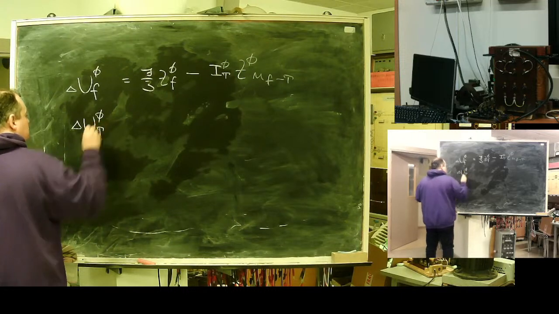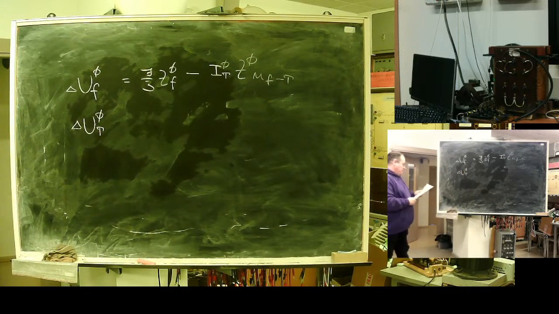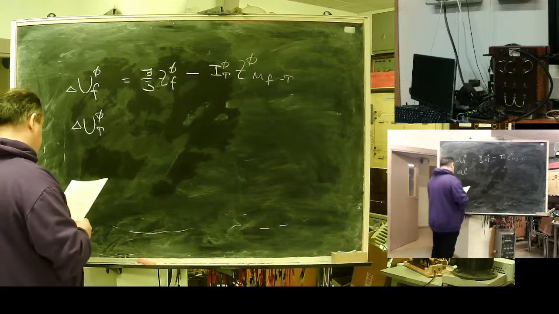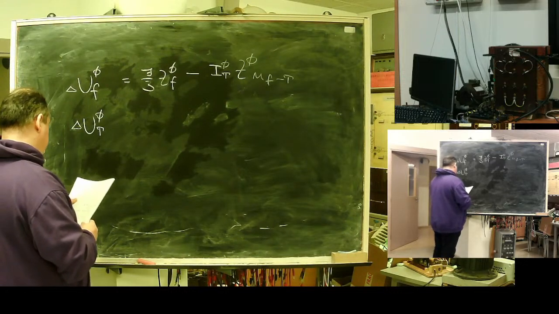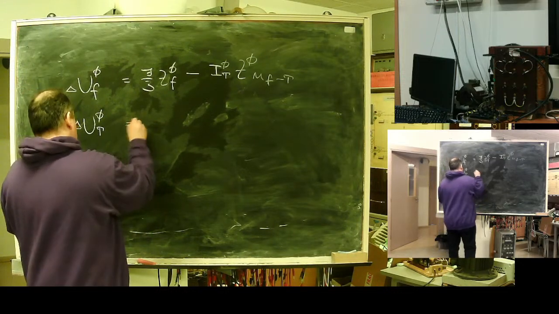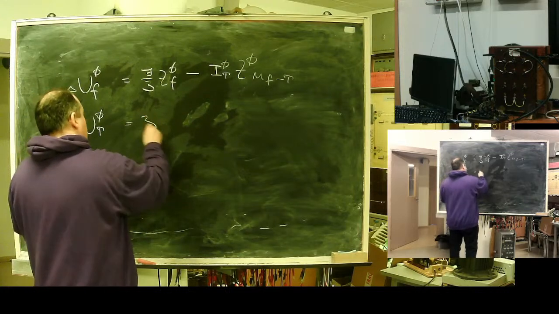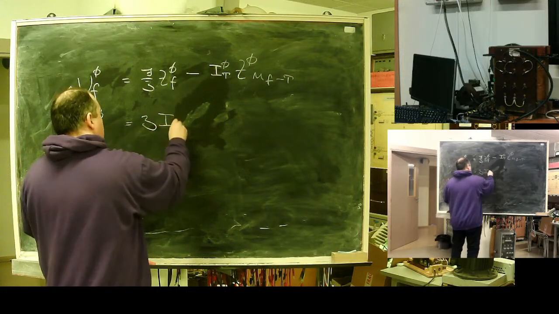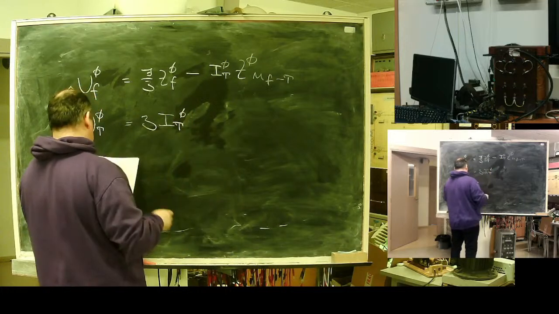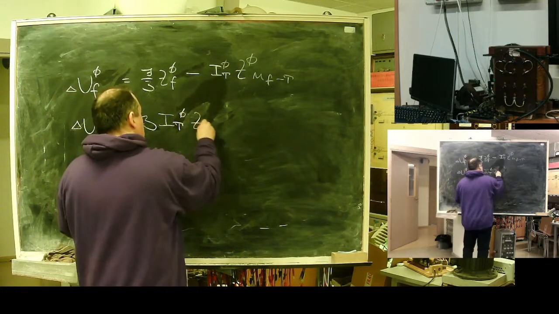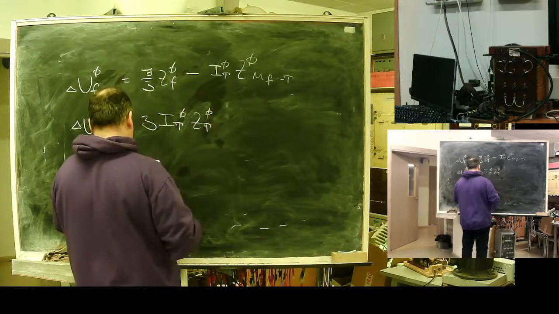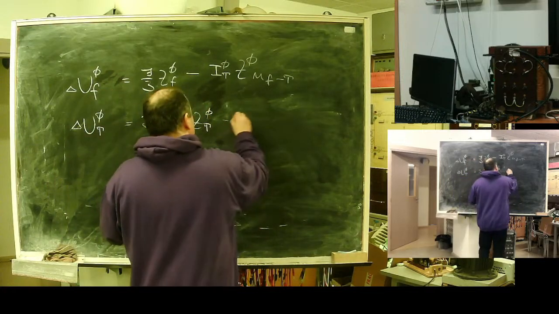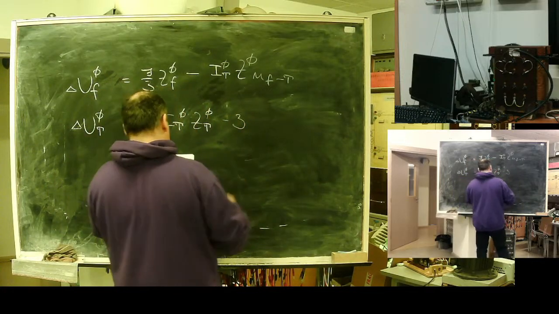Delta U, voltage drop in the protective wire, is the zero sequence current of the wire, its zero sequence resistance, minus triple induced.